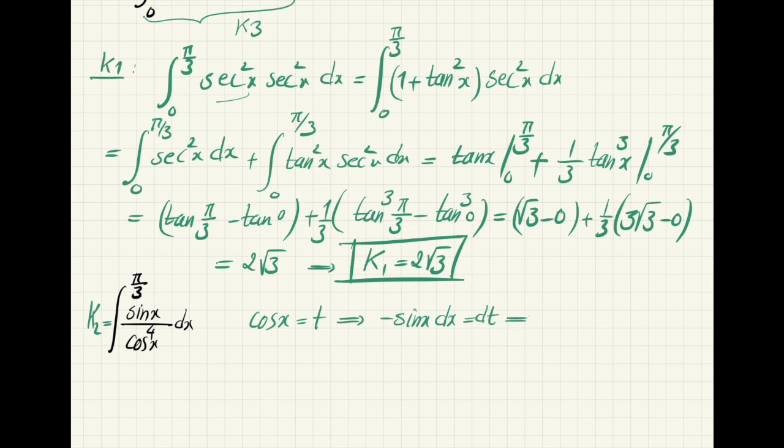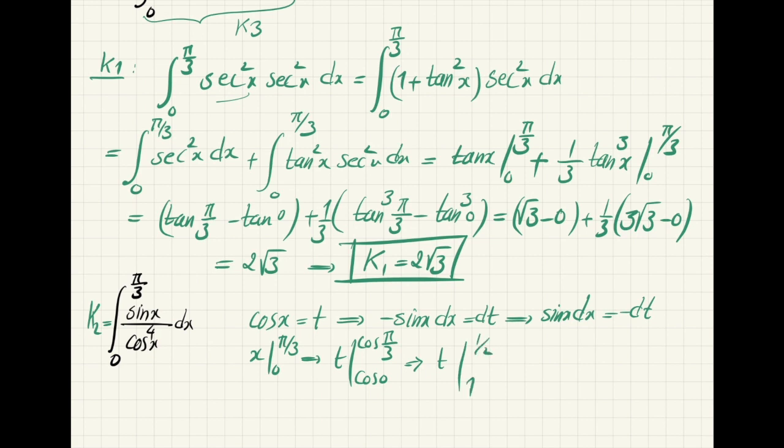So this means that sine x dx is negative dt. And then x goes from 0 to pi over 3. This implies that t goes from cosine of 0 to cosine of pi over 3, which means t goes from 1 to 1/2.